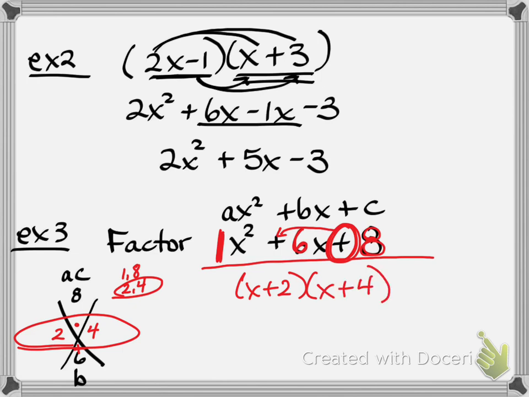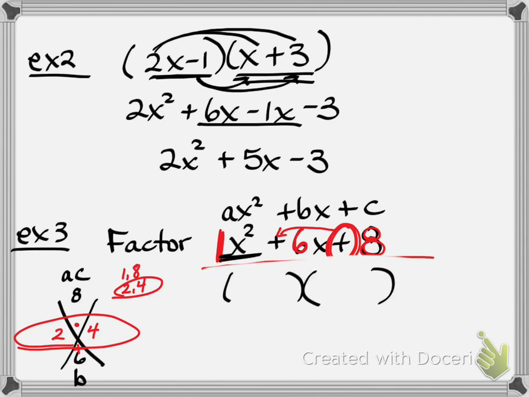Now, if you came from a different school, you might have factored by grouping or by guess and check, and that's great too. You might have said, all right, I've got 2 binomials. I'm going to take x and split it up in these first spots, and take factors of 8 and split them in these last. Let's try 1 and 8. That gives me 8x, and that gives me 1x.